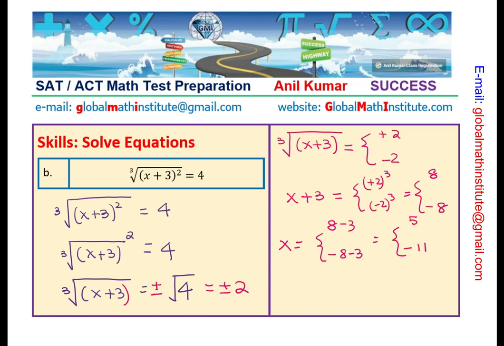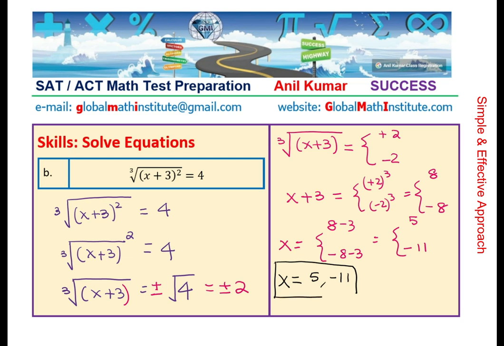So minus 11 plus 3 will give you minus 8. Minus 8 squared will give you 64, and cube root of 64 is 4. Similarly, 5 plus 3 is 8. Squared is 64. Cube root is 4. So you can check the solutions. But the whole idea is don't miss out on both the solutions. So we get the value of x as equal to 5 or minus 11.